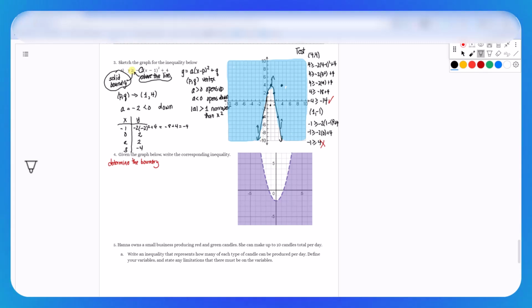Let's start by looking at this quadratic. Remember that when we have a quadratic in vertex form, we start by inserting the P and the Q first. So let's look, what do we have as a P and a Q? Well, this is our vertex, so that means our P is 0 and our Q is -2.